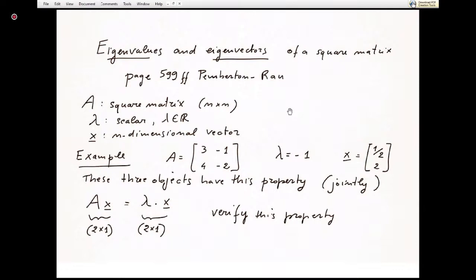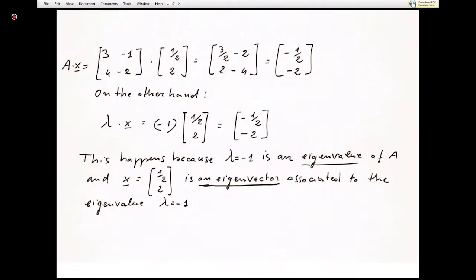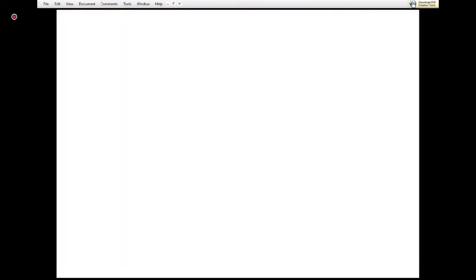There is a definition and a few examples on eigenvalues and eigenvectors of a square matrix, okay? Please try to understand as much as you can on this very short set of slides, because everything is here, okay?